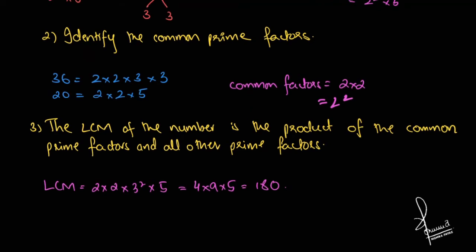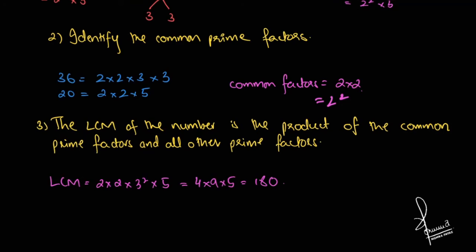What will the LCM be? The LCM of the numbers is the product of the common prime factors that we found here and all other prime factors. Now what does that mean? It means the common ones will appear only once. So 2 into 2 is common, and I have written it once. What is left behind is 3 into 3, which is 3 square, and 5.